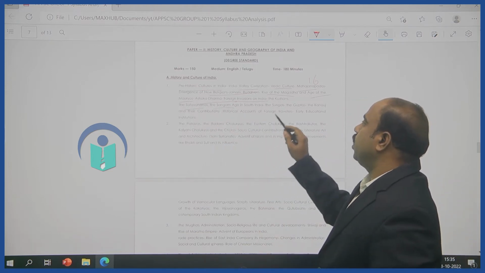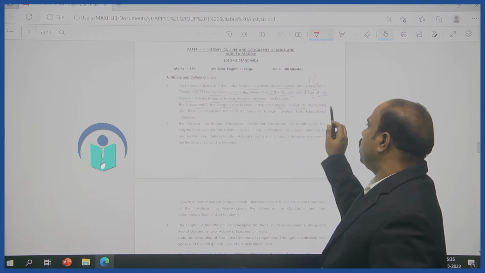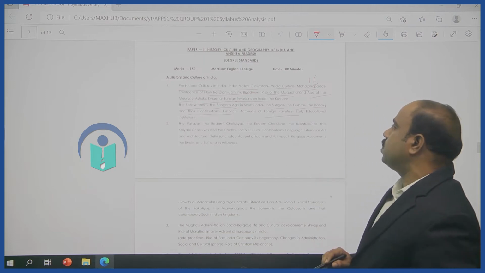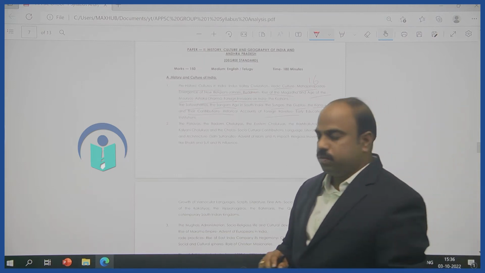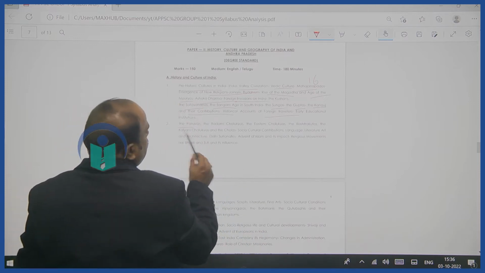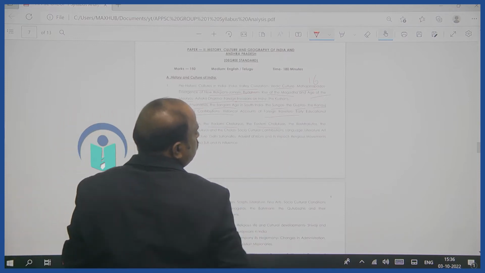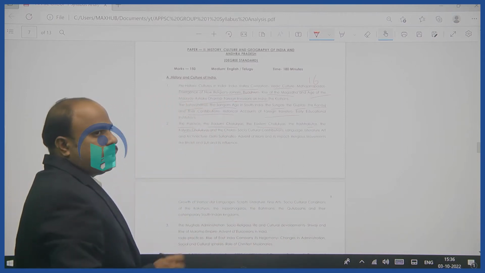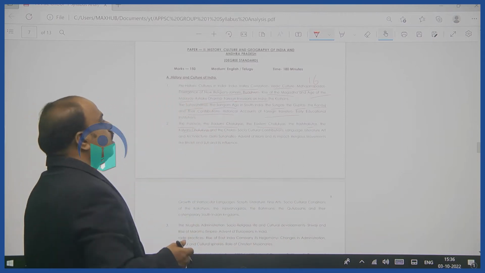The next, Sangam age of South India, the Sungas, Guptas, Kanauj, and their contributions, historical effect of foreign travelers, early educational institutions. Next, the Pallavas, Badami Chalukyas, Eastern Chalukyas or Vengi Chalukyas, the Rashtrakutas, the Kalyani Chalukyas, also known as Western Chalukyas.